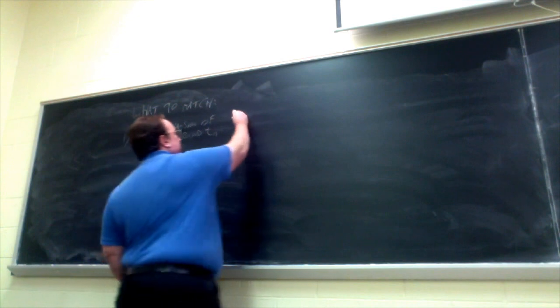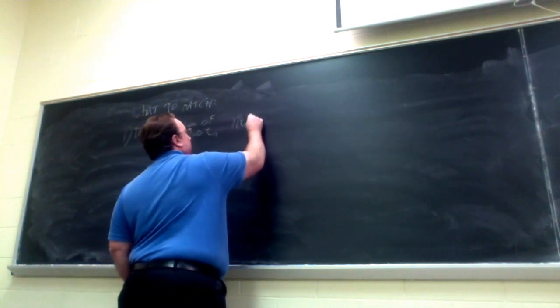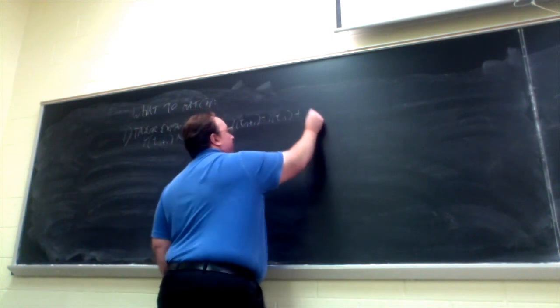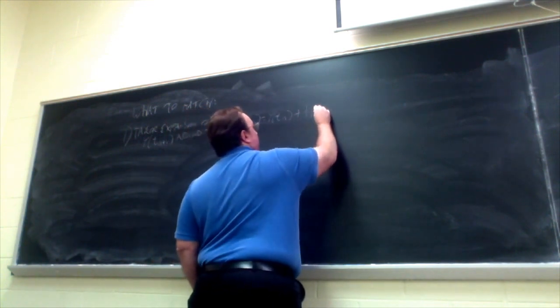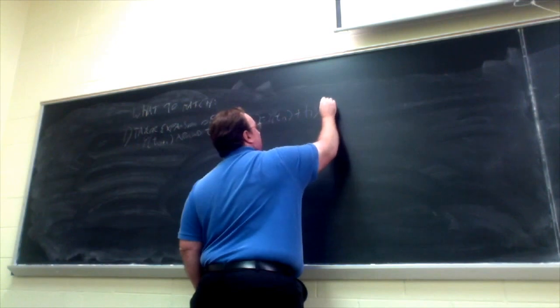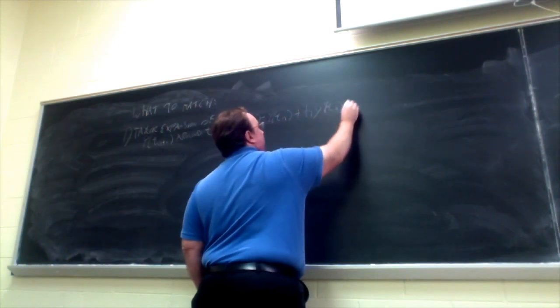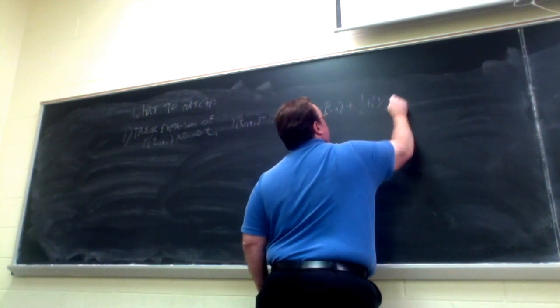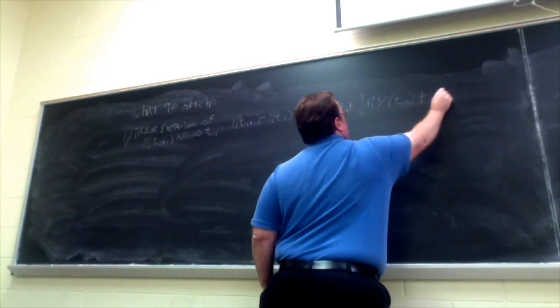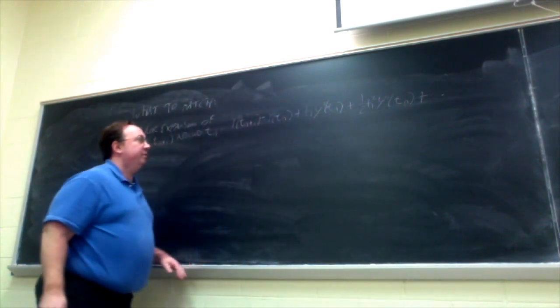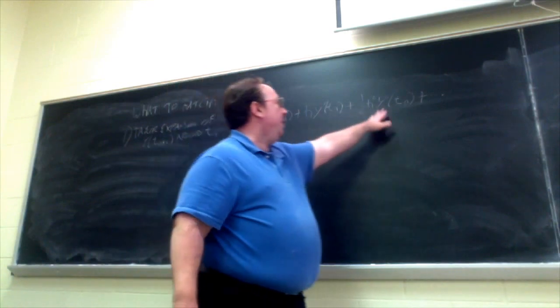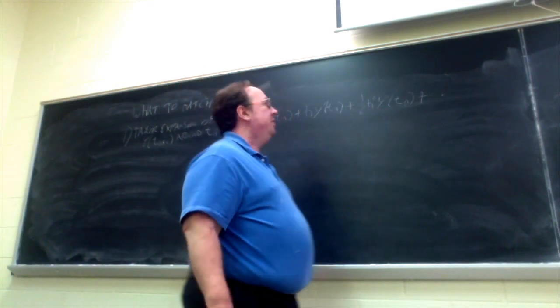Now, that would give me y of Tn plus 1 equals y of Tn plus h y prime of Tn plus 1/2 h squared y double prime of Tn, and so forth. We don't need to go any further than that. Well, in fact, we need to match up to this point. I don't need anything past order h squared.